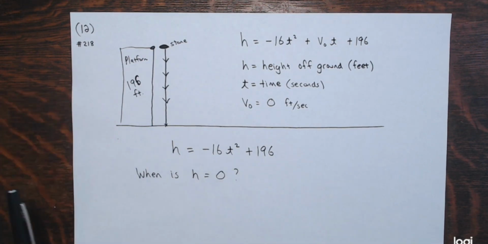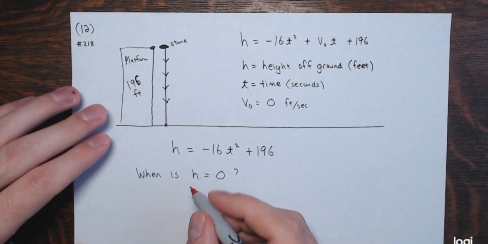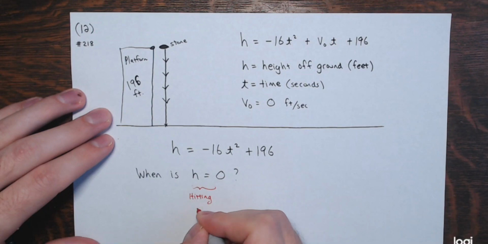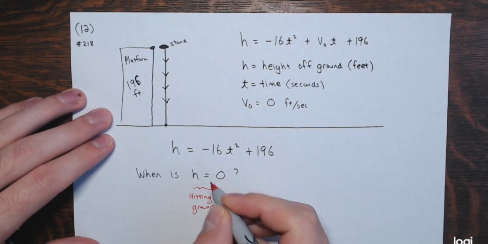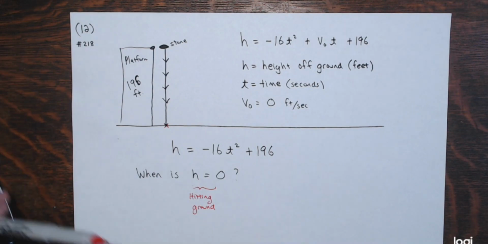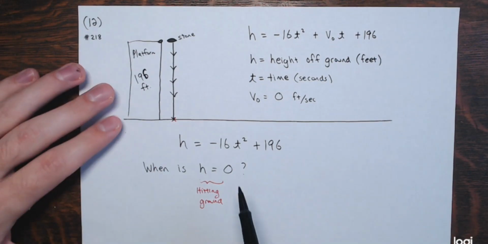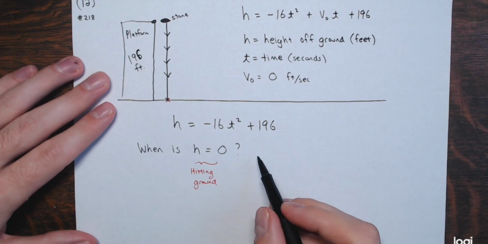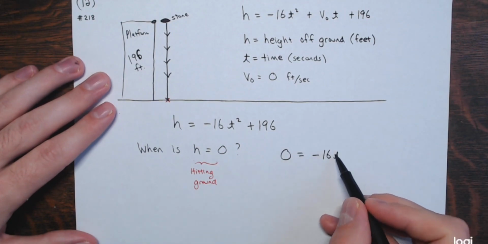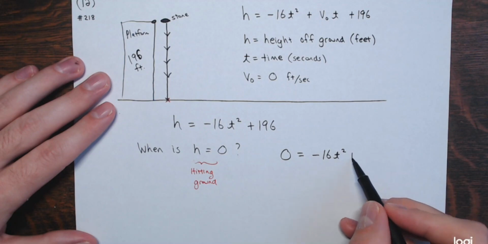Because that corresponds to hitting the ground. If you hit the ground, you're at 0 feet off the ground. I hope that makes sense. So I'm just putting 0 in for h. That's 0 equals negative 16t squared plus 196.